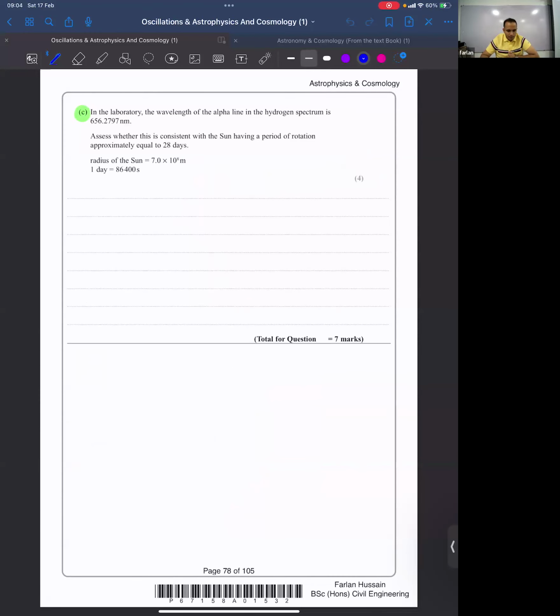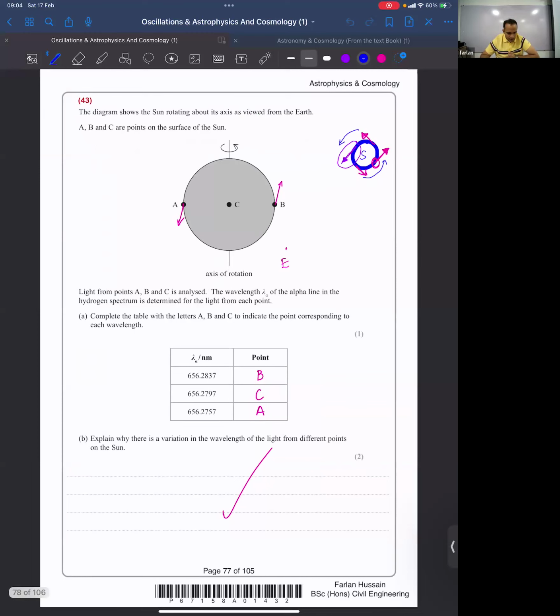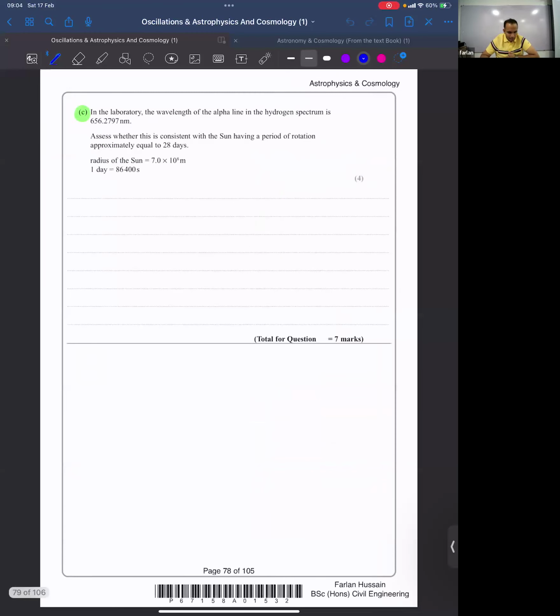In the laboratory, the wavelength of the alpha line in the hydrogen spectrum is 656.2797, which is the wavelength of point C. Assess whether this is consistent with the sun having a period of rotation approximately equal to 28 days. Okay.